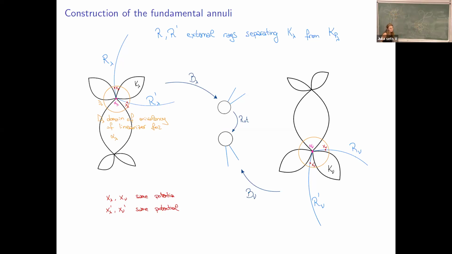Then we take their preimage under the polynomial map, zeta lambda, zeta prime lambda, here and here. And then we make a uniform quasi-conformal interpolation between these external rays.